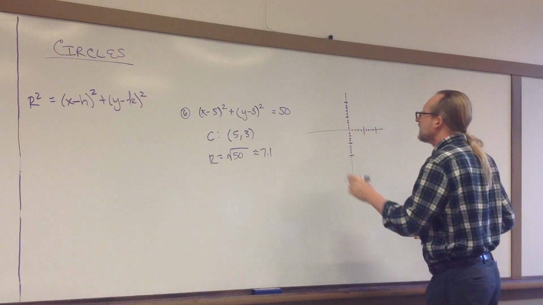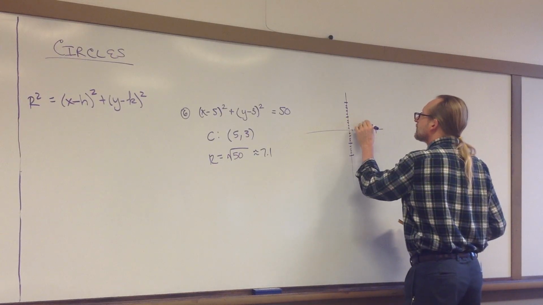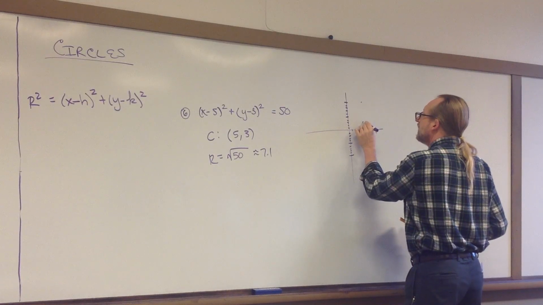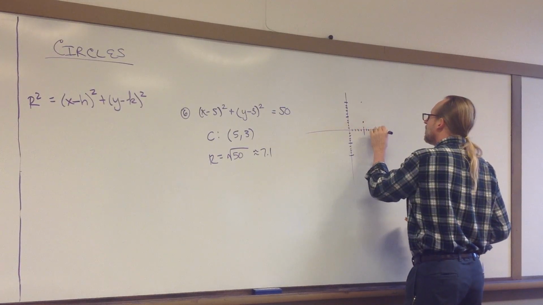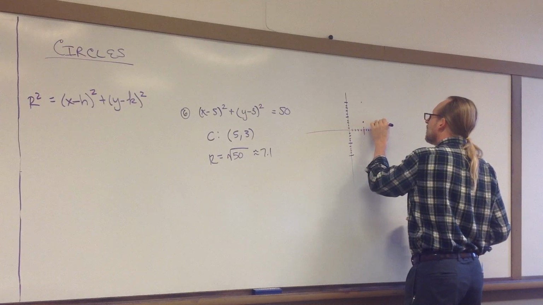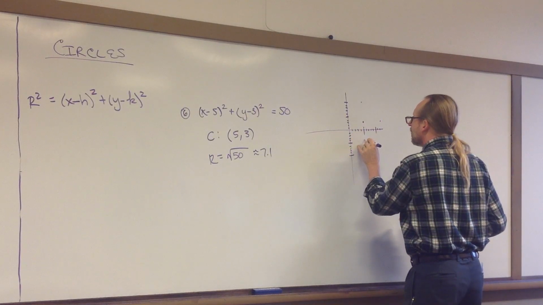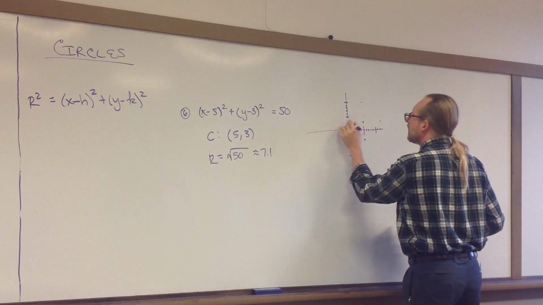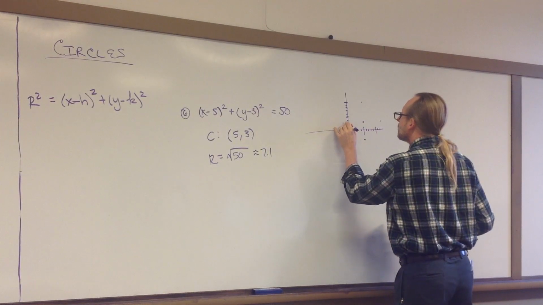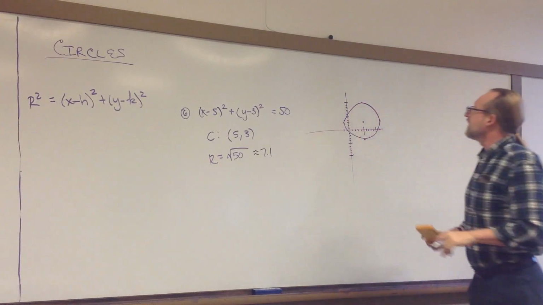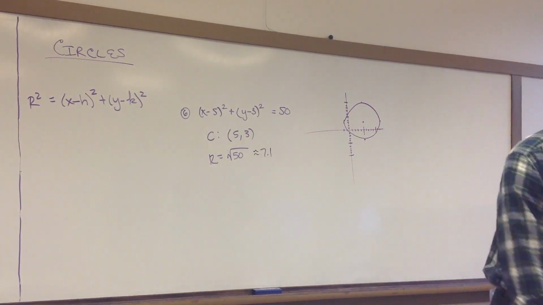All right, let's see what we've got here. 5, 3 is the center. So it's going to go up to 10, and then over to 12, and then down to negative 4, and then out to negative 2. And then it'll look something like that.